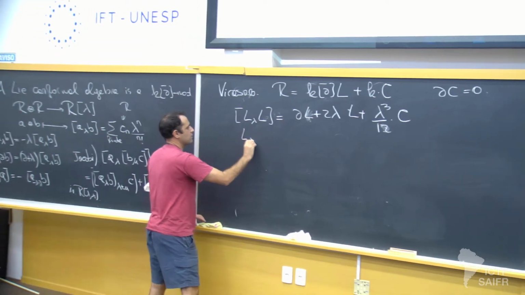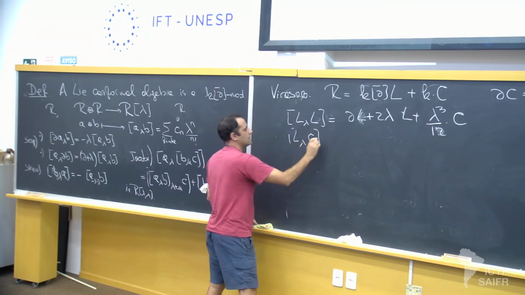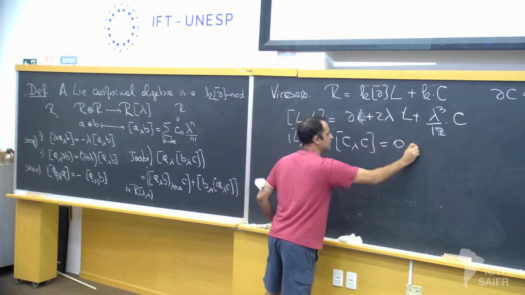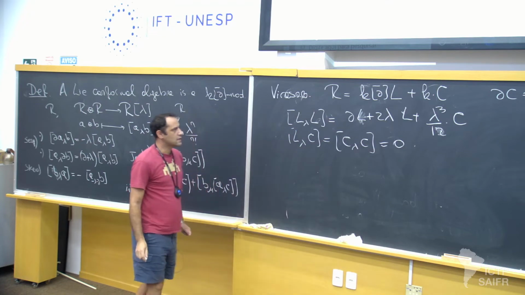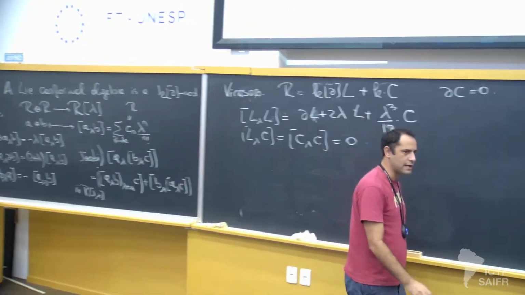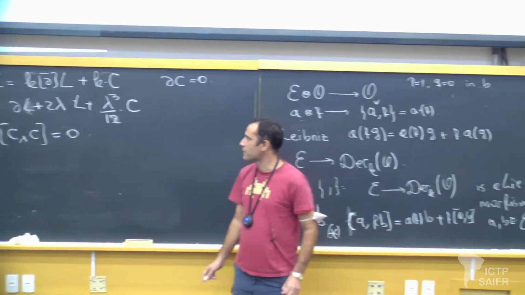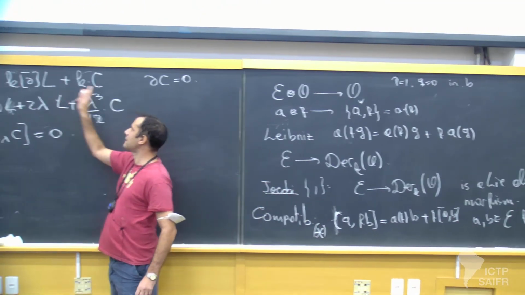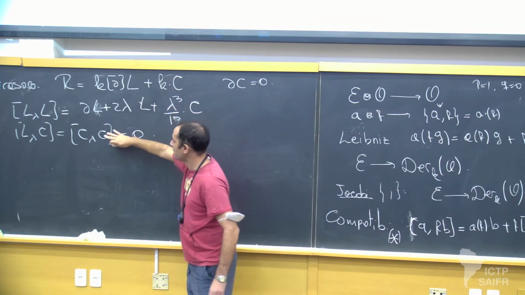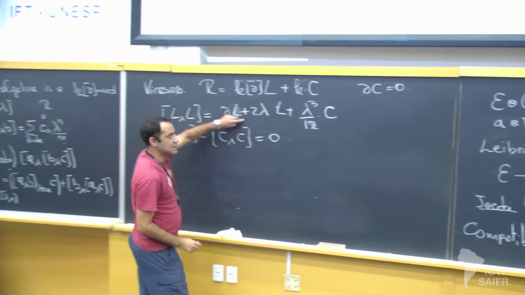And the bracket of L with C is equal to the bracket of C with C, which is equal to 0. And that's essentially the unique Lie conformal algebra generated by one element, a central extension of something that is generated by one element. If you put C equal to 0 here, you get a Lie conformal algebra as well.